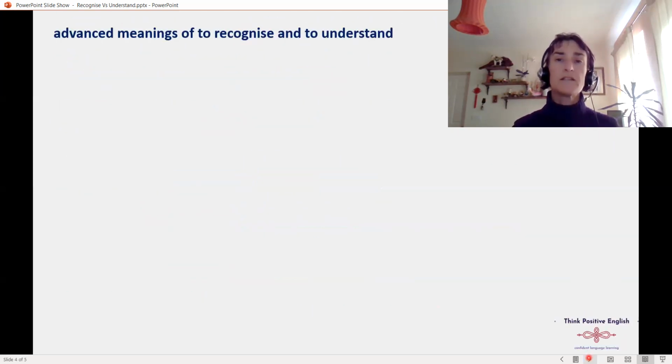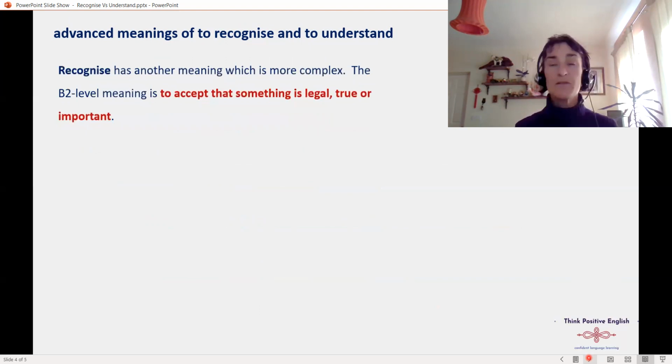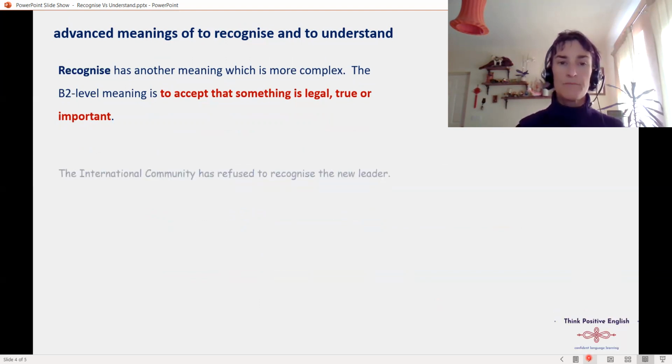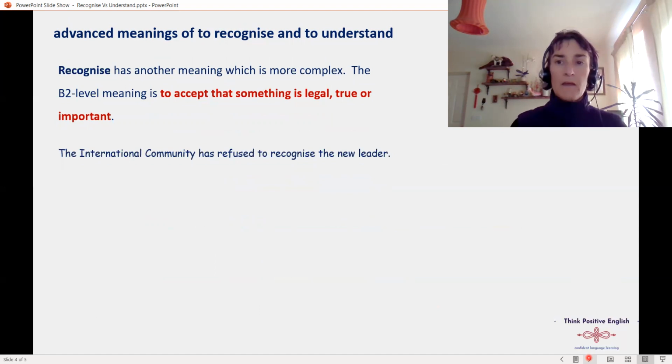Now, to finish this, I'm going to give you a couple of more advanced meanings of these words. So here's a B2 level definition for recognize, and that is to accept that something is legal, true, and important. The international community has refused to recognize the new leader.